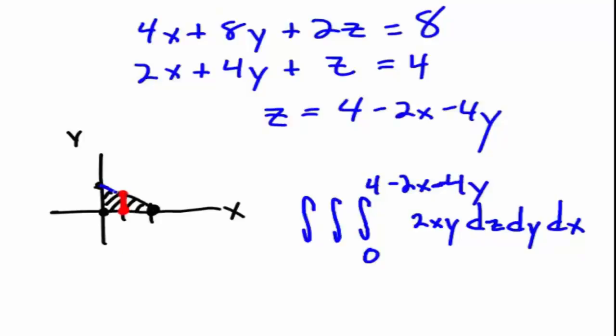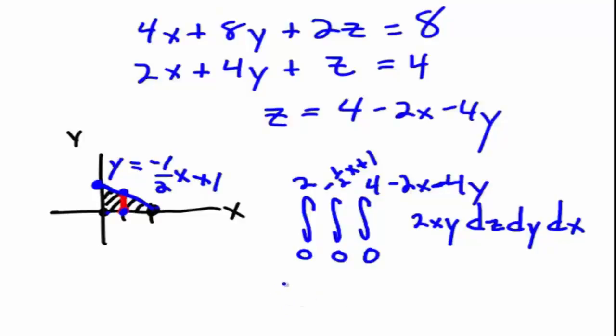The equation of this line right here, well, if you think about it, the slope has to be negative 1/2, and the y-intercept is (0, 1), so its equation is y = -1/2 x + 1. And so the middle limits go from 0 to -1/2 x + 1. X goes from 0 to 2, and that's your setup. It's straightforward to evaluate. I'll let you do that. I think you should get 4/15 if you evaluate that integral.